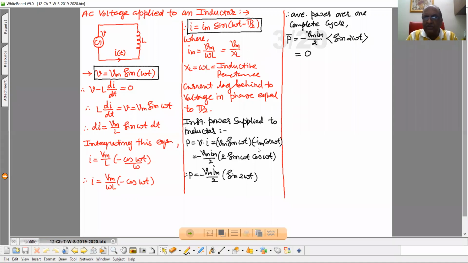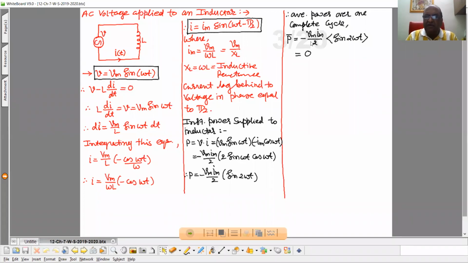Now multiply this equation by 2 and divide by 2. So here we can write 2 sine omega t cos omega t by 2. Therefore, resultantly power P is minus Vm Im by 2 sine 2 omega t. This is the instantaneous power at any time t.